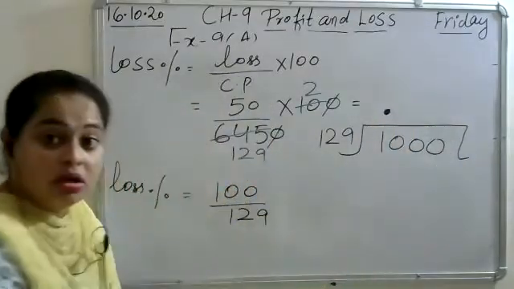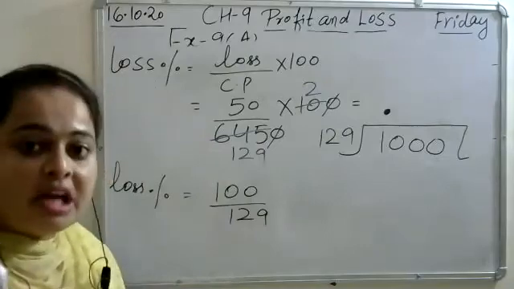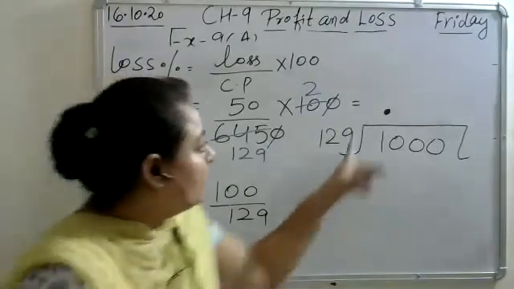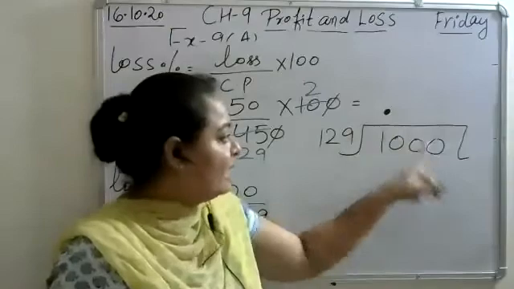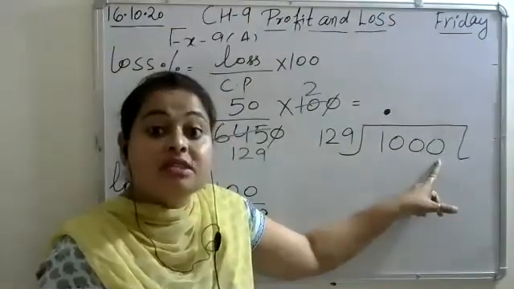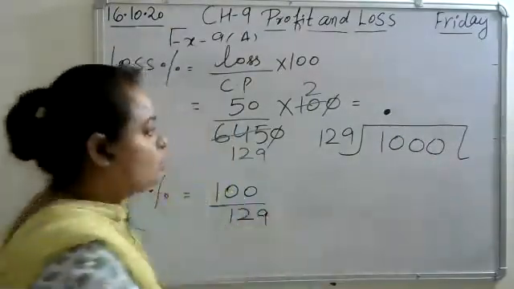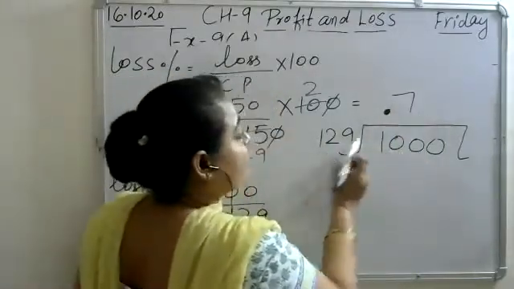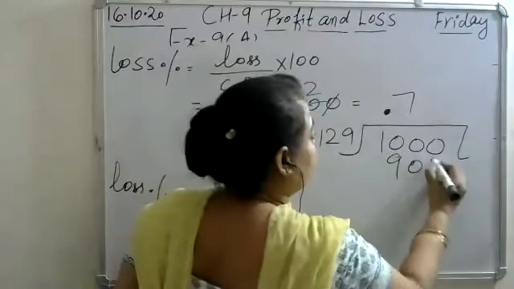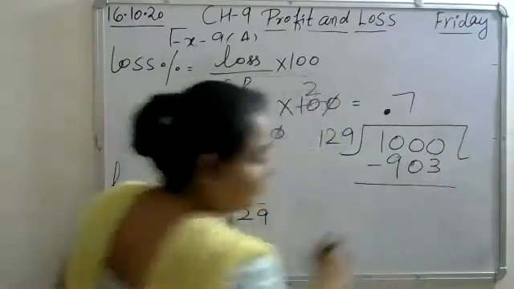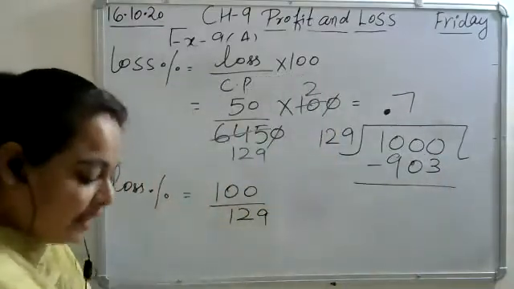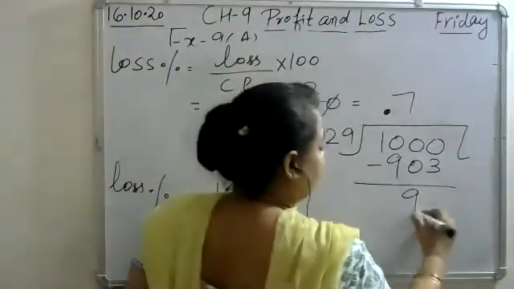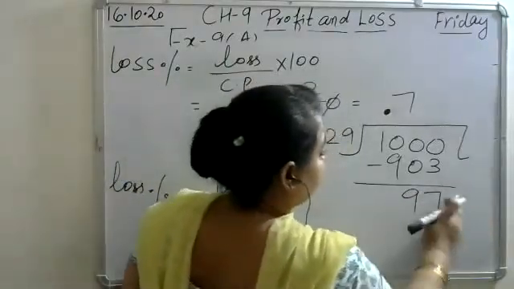This is a rule. You have already done the decimal chapter in class 4th. Put here a decimal, and with the decimal you will get 10 in each step. So 7, 129 sevens are 903. After subtraction you will get 970.